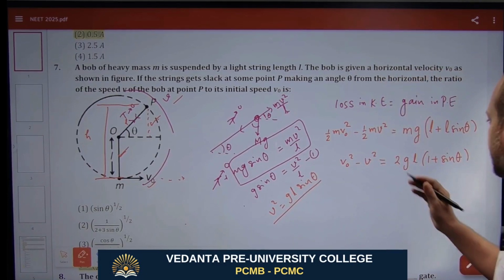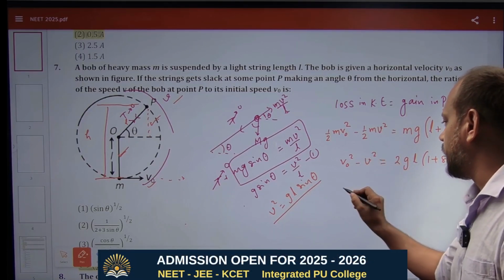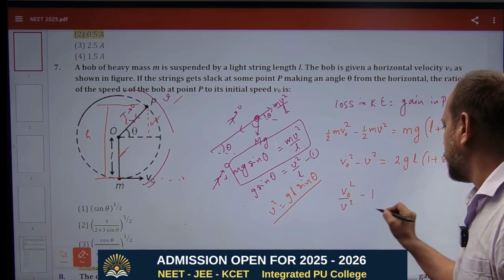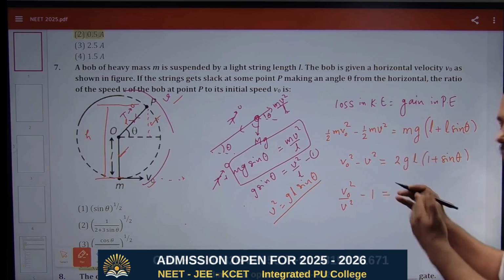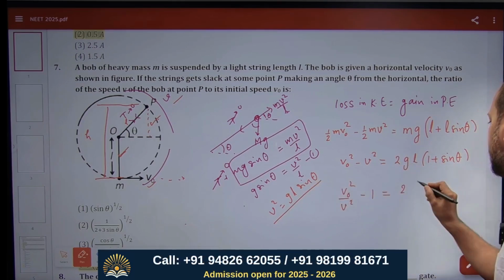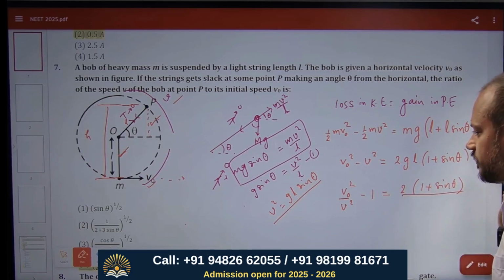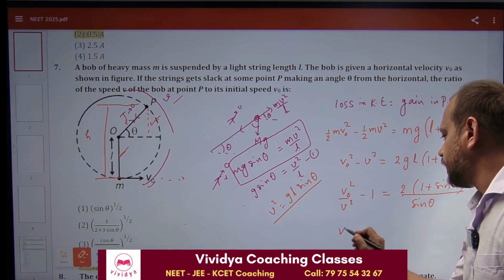So let us divide by that factor. You will get v naught square by v square minus 1 equal to, on this side dividing by gL sin theta, similar terms divided with similar, 2gL will get cancelled and you'll get 2 times (1 plus sin theta) by sin theta. Now this will be your ratio.